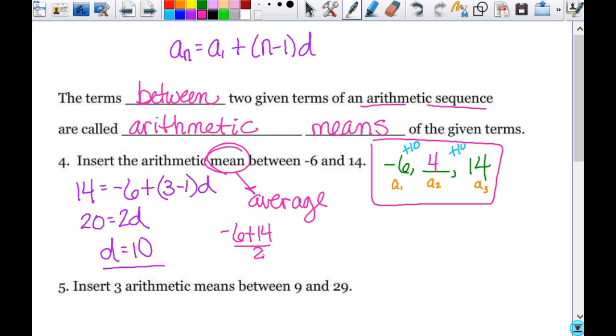When you're asked for 1, the arithmetic mean is the average. However, if I need to insert more than 1, you can't just take the average. But then you can check yourself what the common difference is. So if it's just 1, yeah, you could just do the old school way. The problem is we're going to have more than one unknown in some of them, so we have to do the rest of them this way. But that works for every single way.